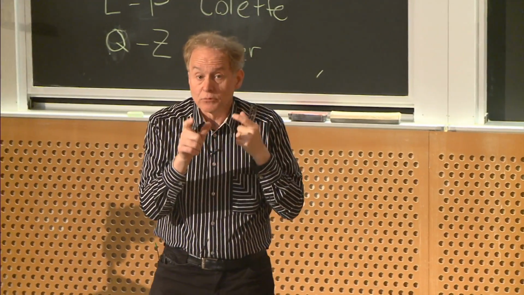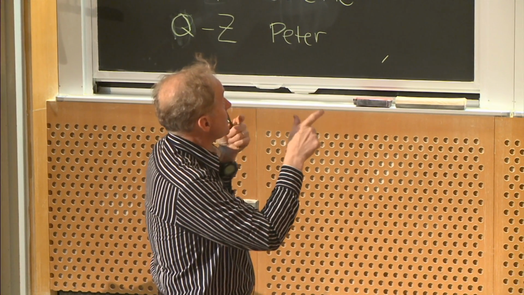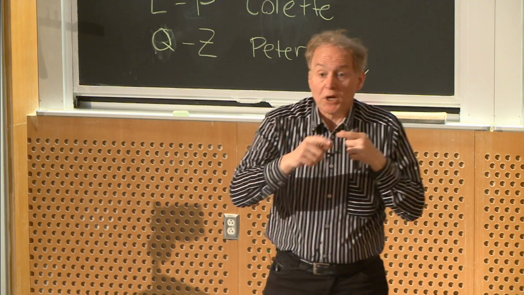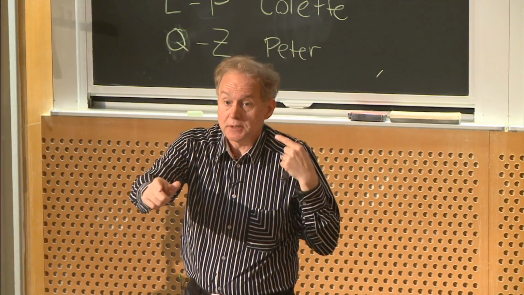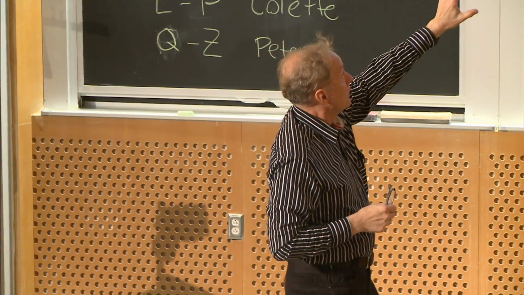And note that I have drawn the chromosomes to be disconnected, which means that each one of those genes is going to be independently inherited. So the probability in the F1 generation that you're going to get one of those from mom or dad is going to be a coin flip. We're going to assume that they're far enough away that the probability of crossing over during meiosis is 0.5. And so we get a random assortment of alleles from mom and dad.